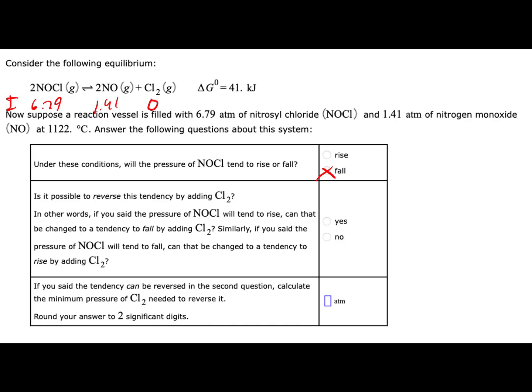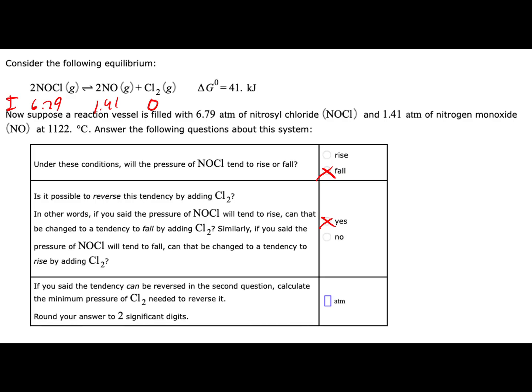This is a Le Chatelier's principle question, and the answer here is absolutely yes. Because if we add enough chlorine, we will actually push this reaction back to the left, which will increase the amount of NOCl in the mixture. So the answer is absolutely yes based on Le Chatelier's principle.